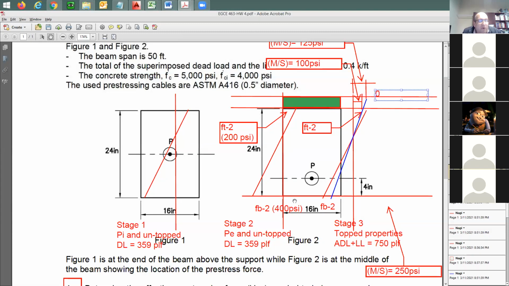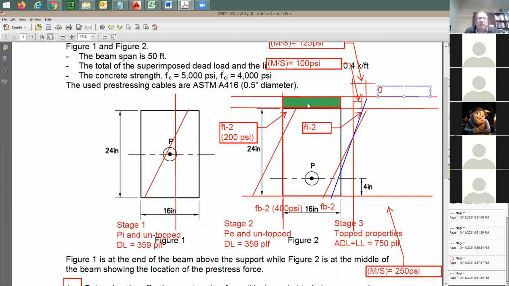Did you have any stresses in the top of the concrete topping? No. So the stress at the beginning was equal to 0. I have only 2 stresses in stage number 2: F top, which means top of the beam, and F bottom of the beam with no topping. It was equal to 200 here and 400 at the bottom. The stress all the way at the top of the concrete topping was equal to 0.